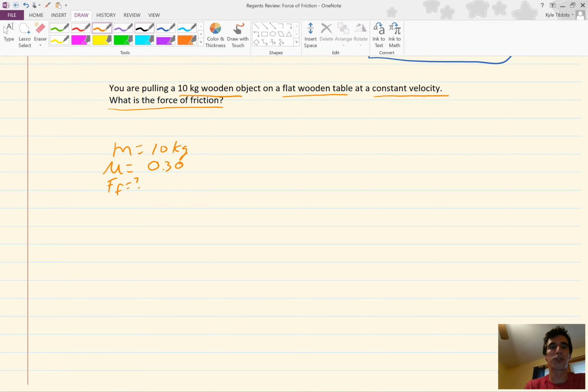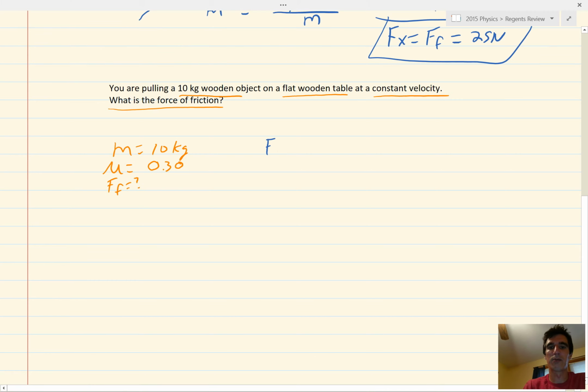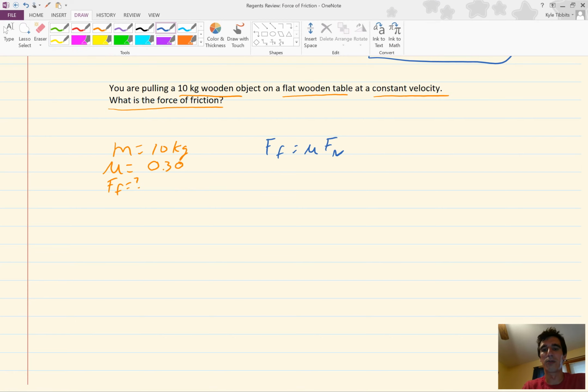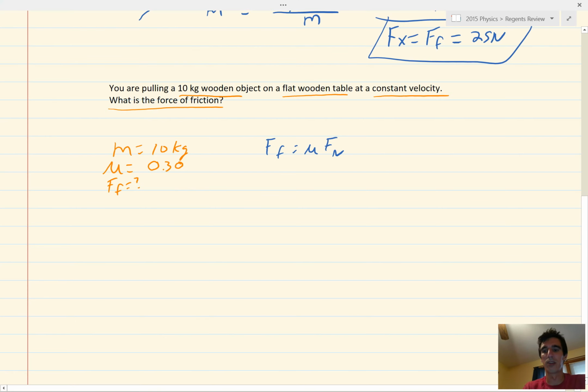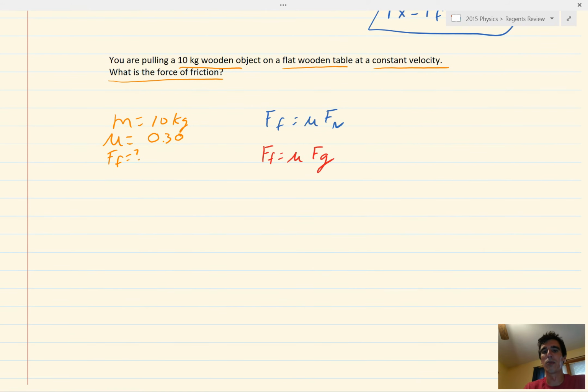So we look at our force of friction formula. Ff equals mu Fn. Fn is the normal force. It's not the mass. In this case, it's on a flat table, so the normal force is equal to the force of gravity. So Ff equals mu Fg. But again, Fg is the weight, so we have to use a formula to calculate the weight, which is mg.